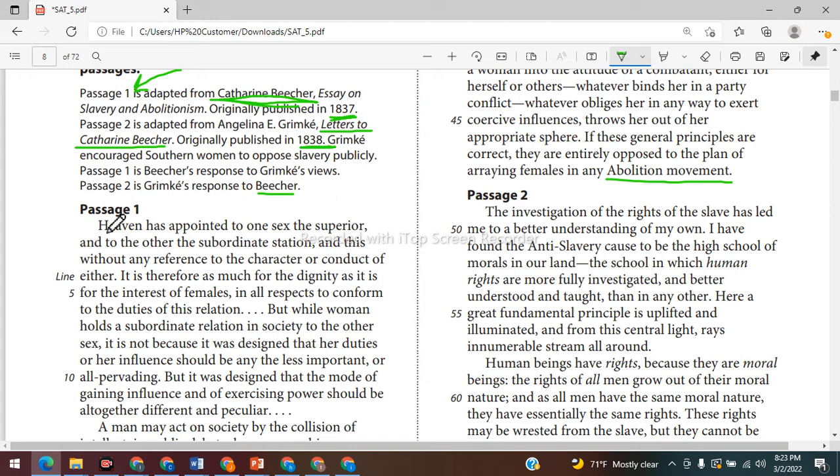Okay, what is her point though? What is her central point? Besides all she said, what is she trying to say? Don't go silent on me now. What is Catherine Beecher trying to say?